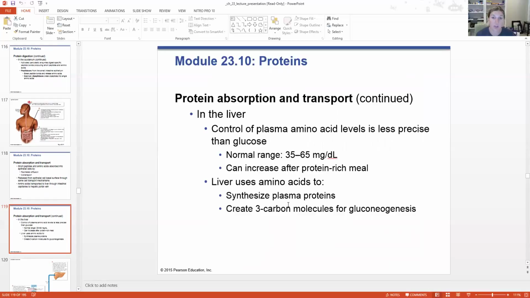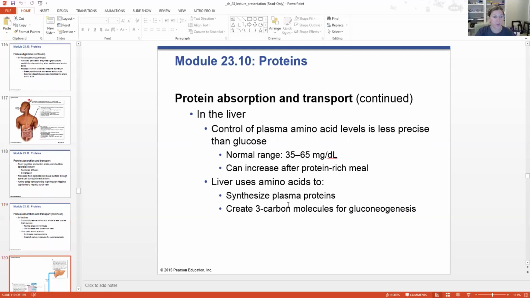The liver can actually use all of those amino acids to make plasma proteins like the albumins, the fibrinogens, and things like that that are floating around in our blood, maintaining osmolarity. It can also create 3 carbon molecules from the amino acids in order to create glucose in the process of gluconeogenesis, or to create the pyruvate or acetyl-CoA for energy production.